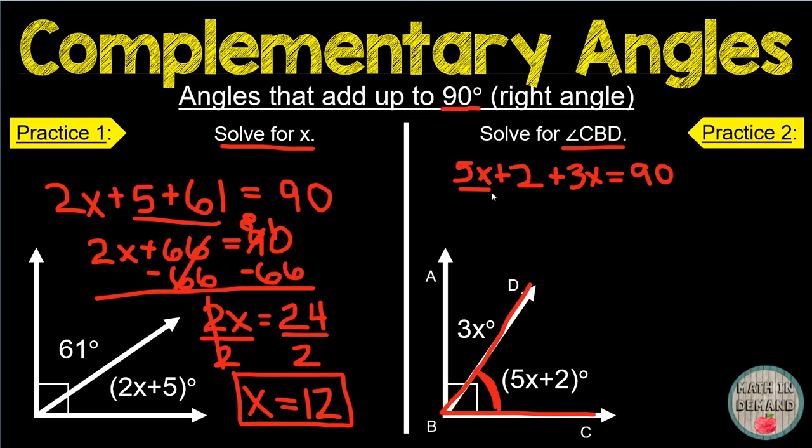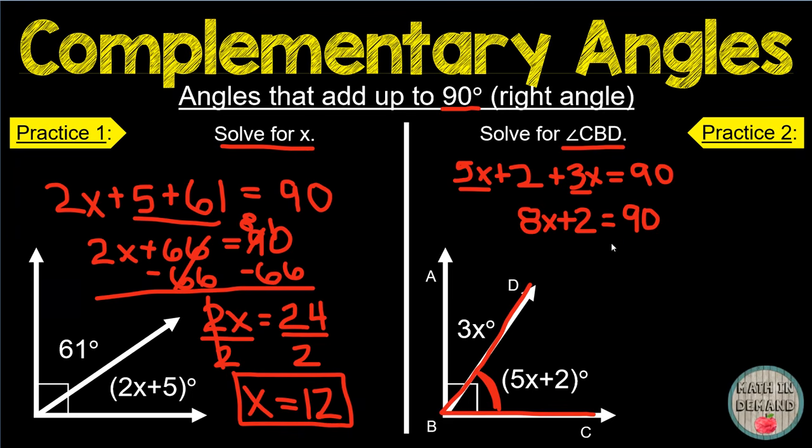Here 5x and 3x can combine. 5x plus 3x will give me 8x. Bring down the positive 2. Bring down my equals. And bring down my 90.